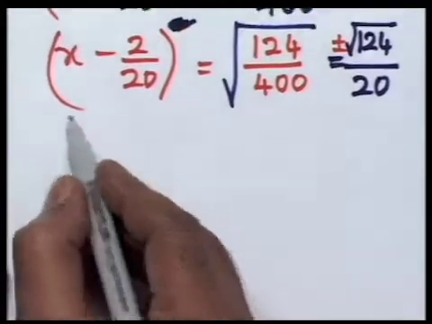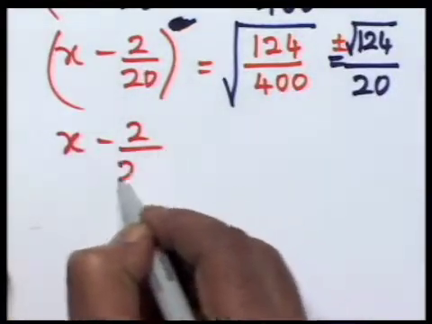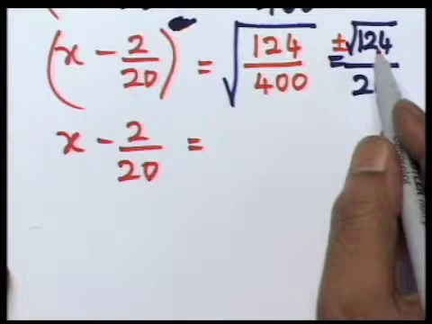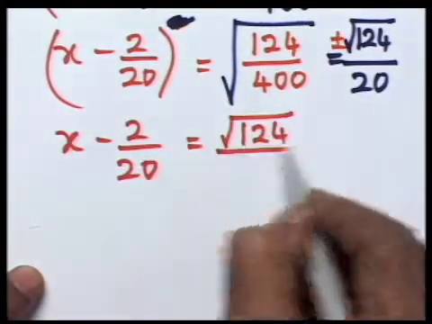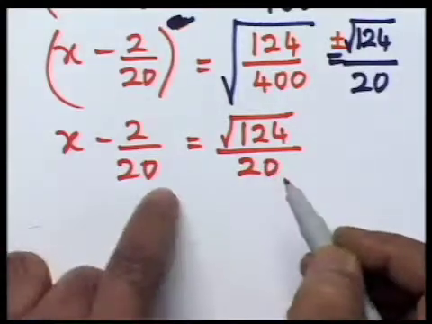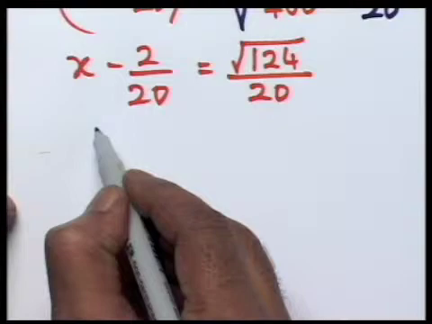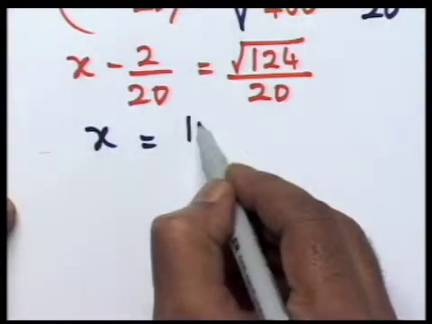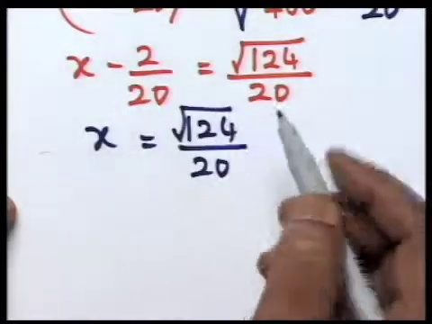Okay, so I'm going to solve the plus one first, which is x minus 2 over 20 equals root 124 divided by 20. So I transfer this to the right hand side, which will be x equals root 124 divided by 20, the root on the top number only.